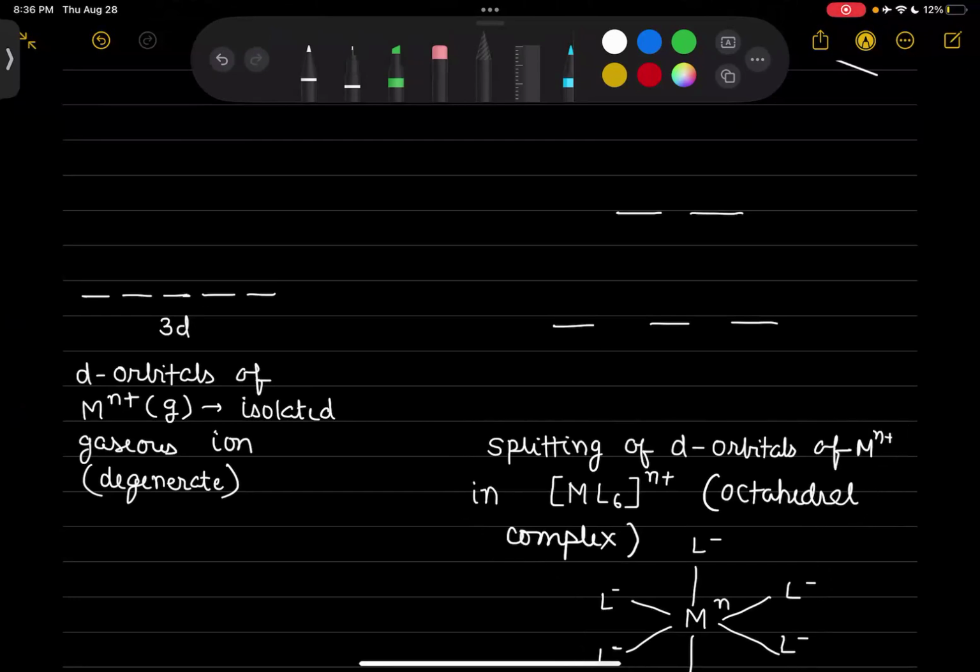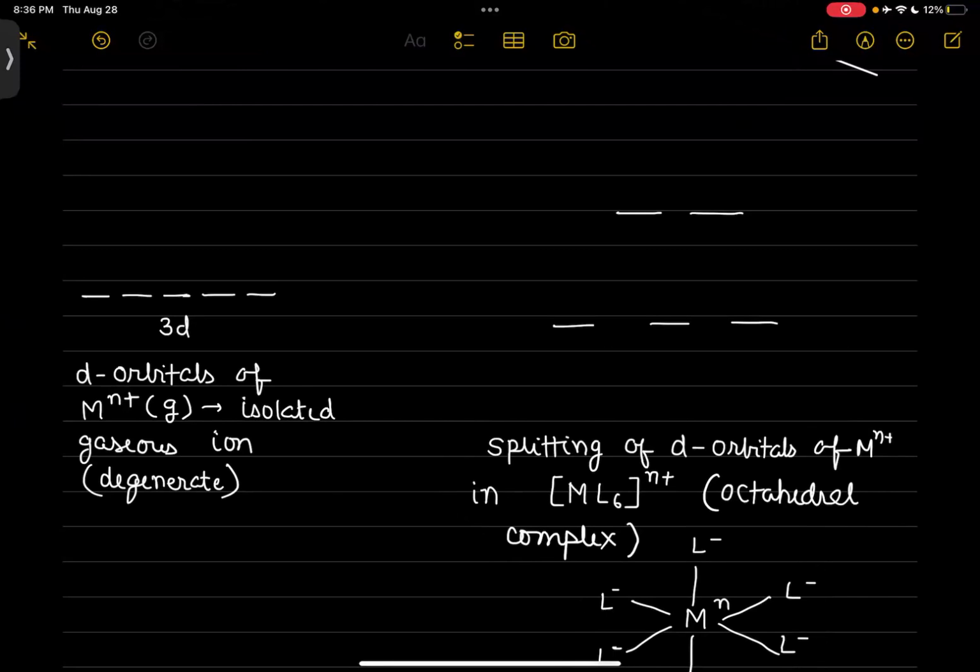This group is named the eg set of orbitals, 2 orbitals and 2 letters, eg. And the other group is t2g, which has energy not as high as those of the eg orbitals.